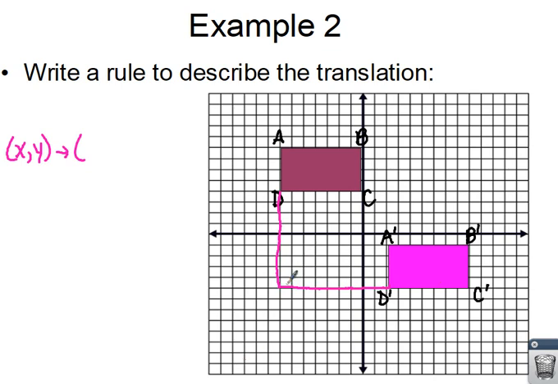So it goes to the right 1, 2, 3, 4, 5, 6, 7, 8, 9. If it moves to the right 9, that's x plus 9. And then it moves down 9, so that would be y minus 9. So there's our rule. This is what a translation rule looks like.